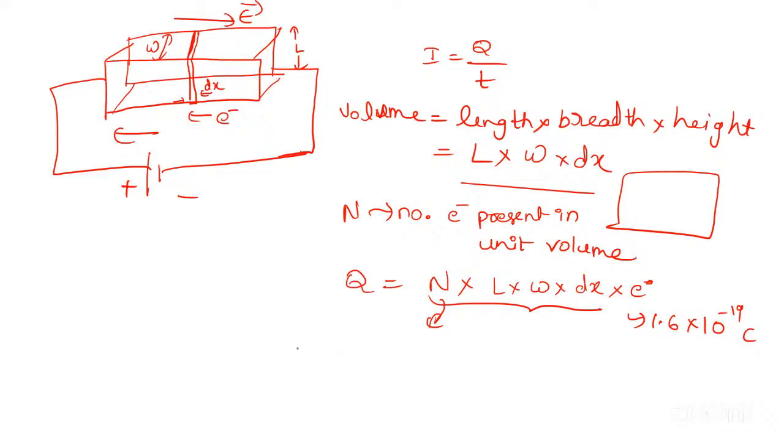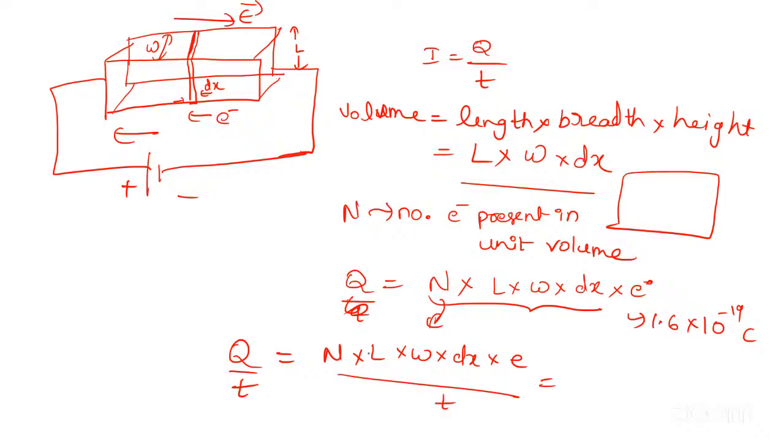Now if we divide by t on both sides, I'll write in the next line. I'm dividing by t. Length into width can be written as the cross-sectional area A, into dx by dt. dx is distance, so distance by time, what does it measure?